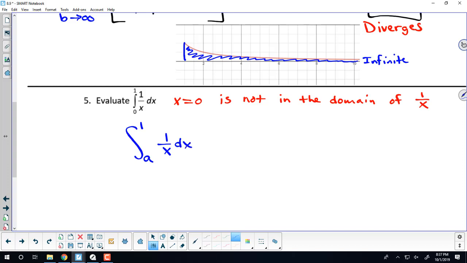But we need to compute the limit as a approaches 0. From what direction? We're approaching 0 from the plus side, from the right, because our interval is from 0 to 1. We can only approach 0 from the right. Just a minor technicality there.